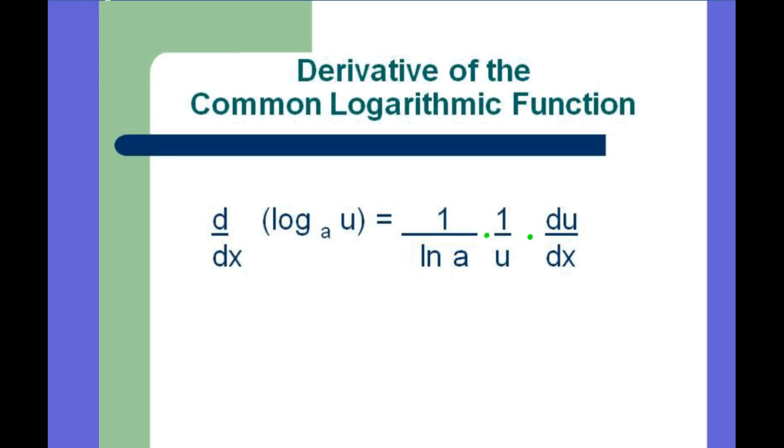The derivatives we've just been doing, right? This looks like the natural log of u. Which technically it is. What is the log base a of u if we use change of base? Log a over log u, ln a over ln u or something like that.